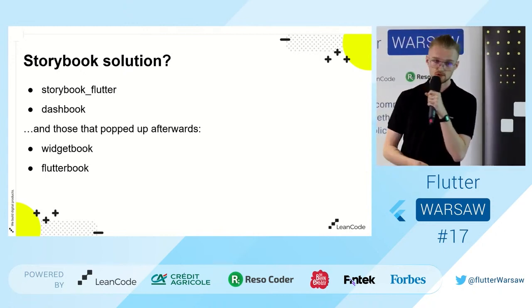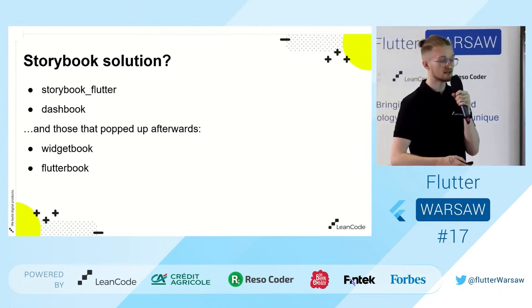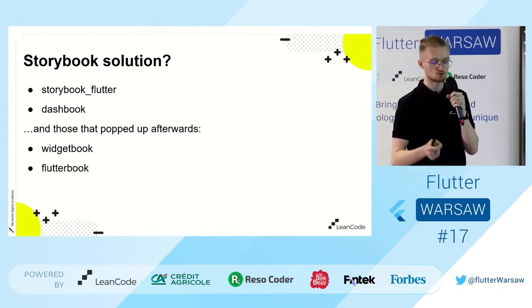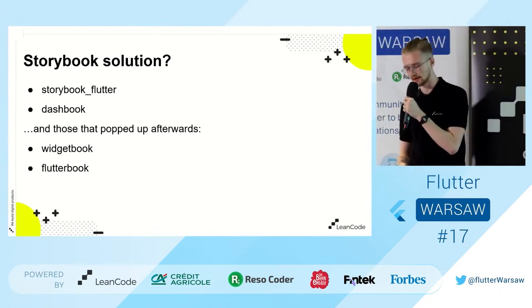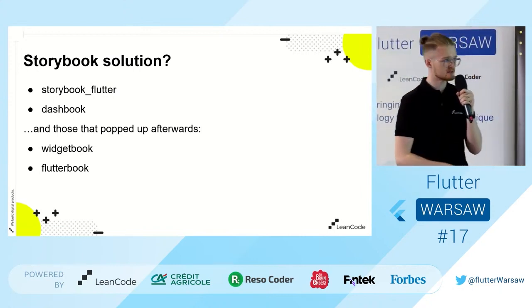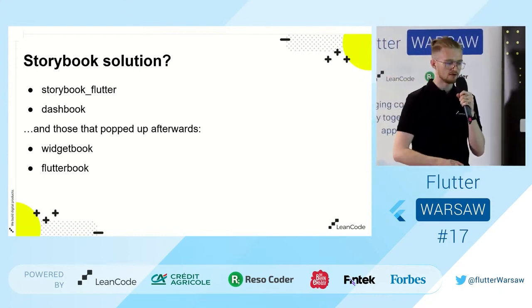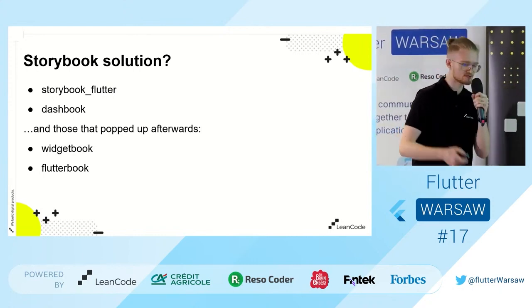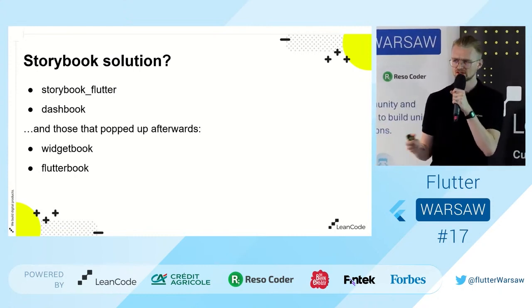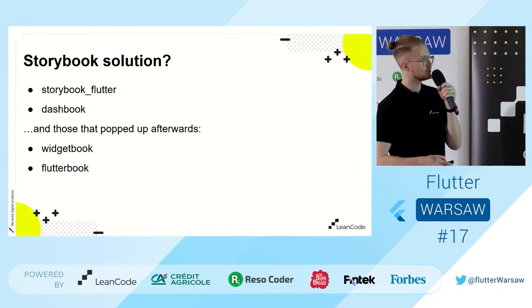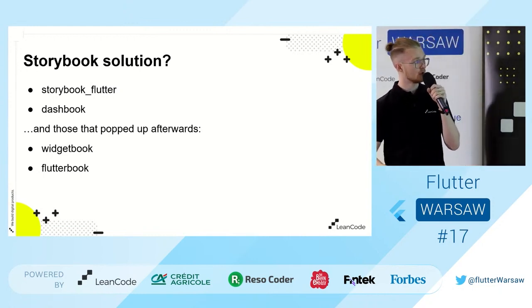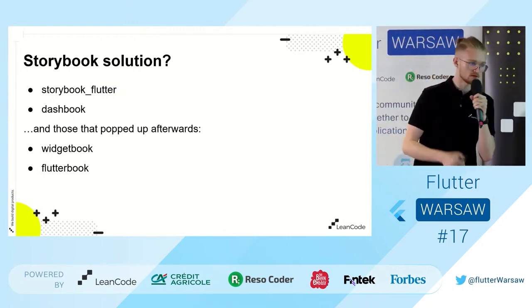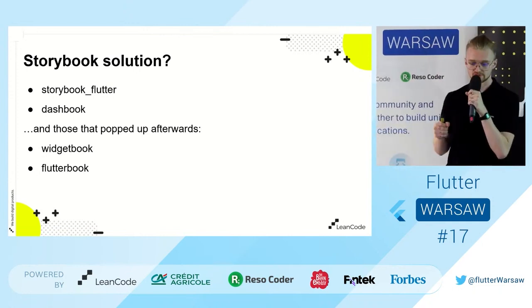We checked both of those, made some proof of concept, and decided to go with Storybook Flutter, which was heavily modified to accommodate our needs, like nested components in the sidebar and different application themes. But right now, there are two new solutions available, Widgetbook and Flutterbook, which seem really promising on a side note, and I really root for them.